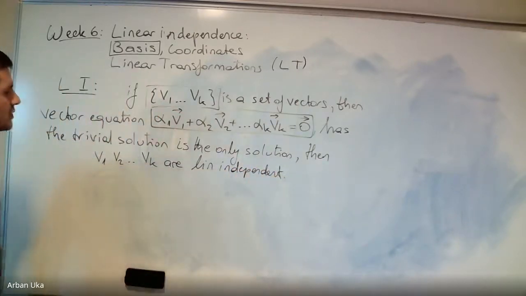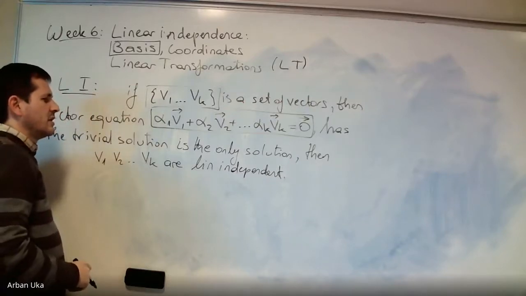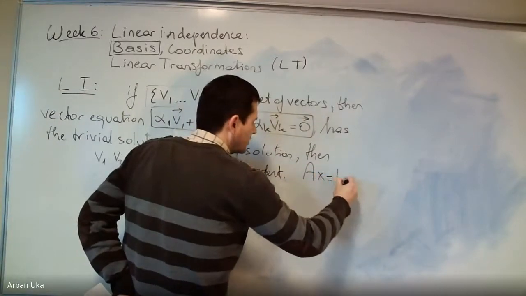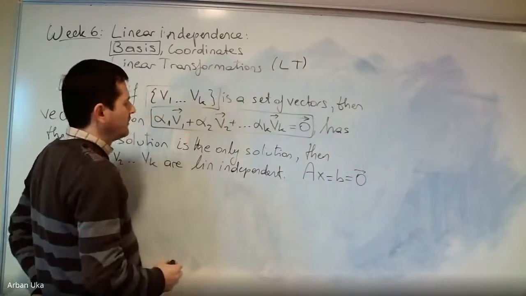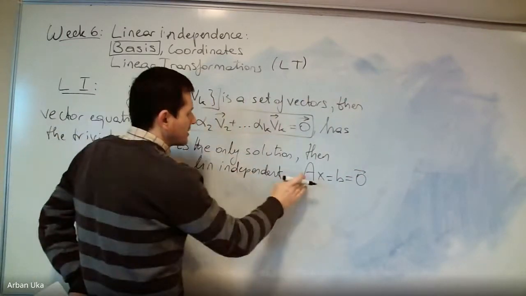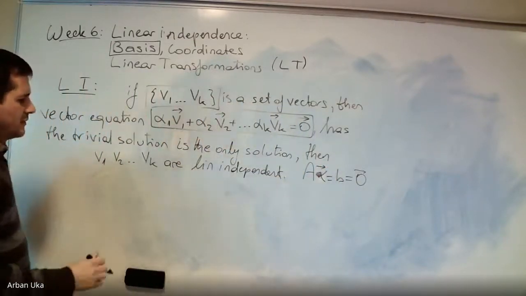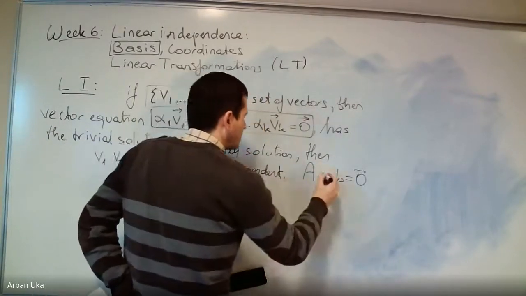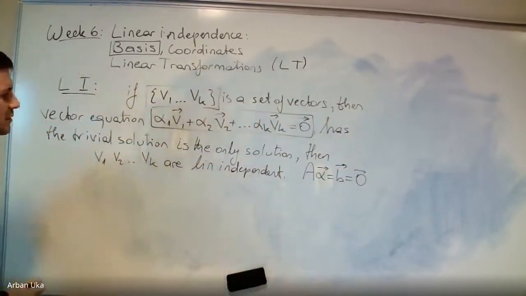So this looks like a homogeneous system of linear equations. Why is this homogeneous? Because linear equations we traditionally write as Ax equals b. When b is equal to 0, this becomes Ax equals 0. The x in this case is not x, but let's denote it as a vector alpha. So A alpha equals b, but this is a special case when b is equal to 0.